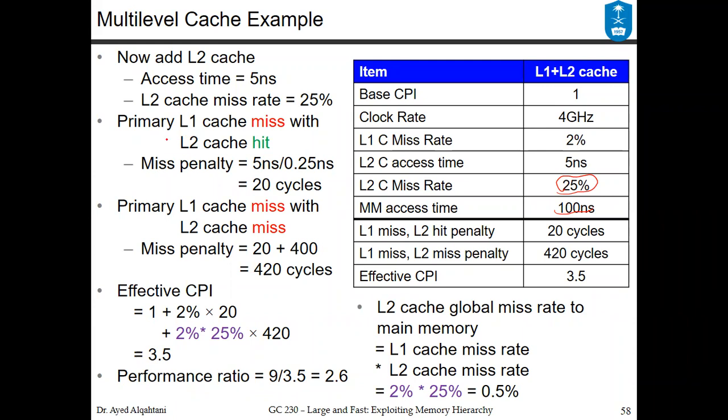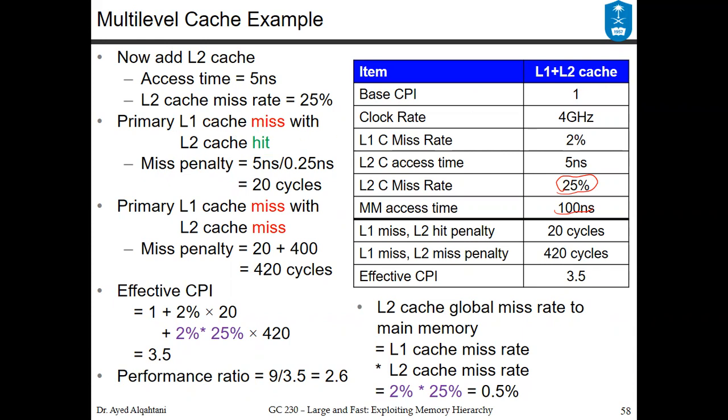The primary L1 cache miss followed by a level 2 cache hit will have this penalty. And if you hit in the level 1 cache, that's it, you're done. You will have the same base CPI.